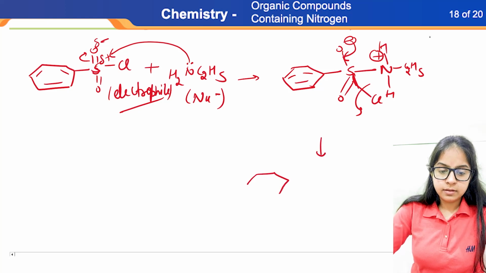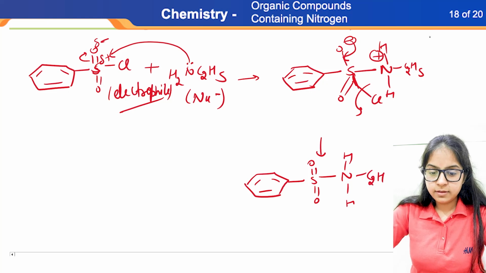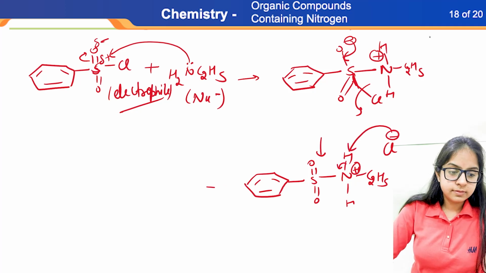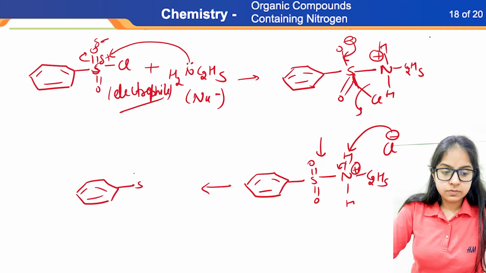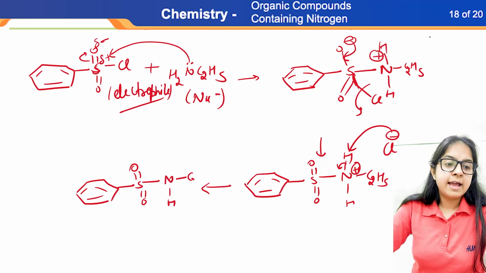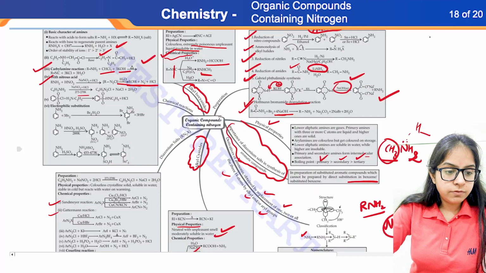After that, this one SO2 NHC2H5 positive. So Cl negative now attacks on this one, and you get SO2 NHC2H5. So this is the final product for this one, benzene sulfonyl chloride. This is benzene sulfonyl chloride.